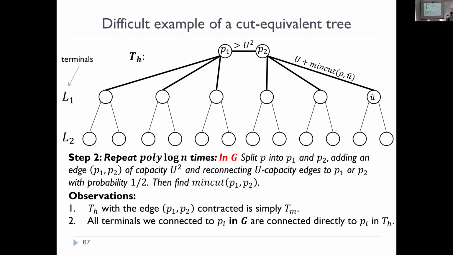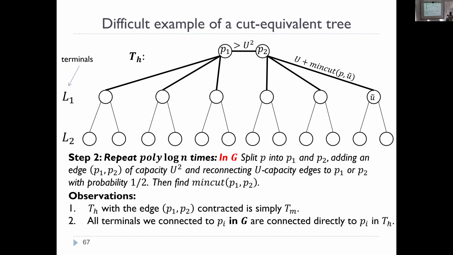The idea behind it is that this edge, U squared, is so heavy that no other minimum cut would like to use it, with the exception of the minimum cut between the ends of this heavy edge. They are the only ones that would like to use it, right? So almost all of the cuts are going to be exactly the same.